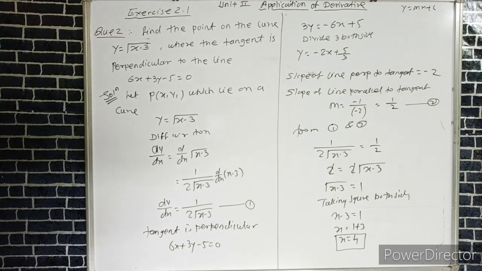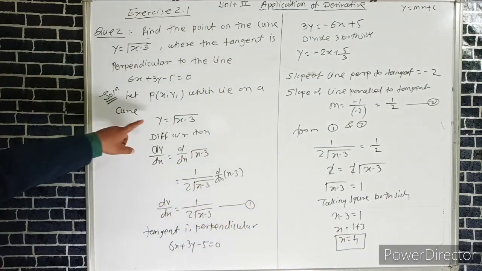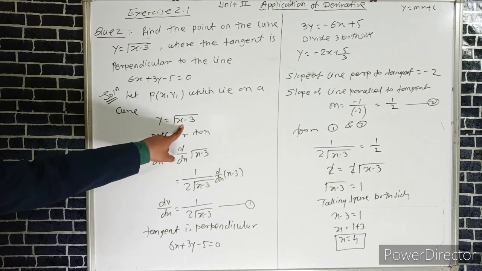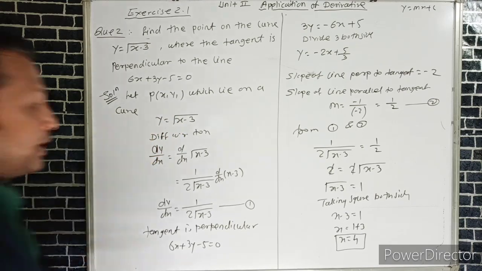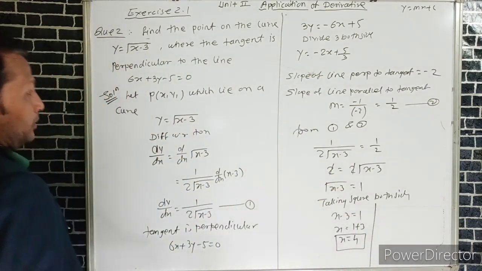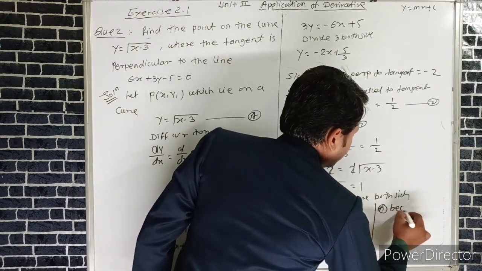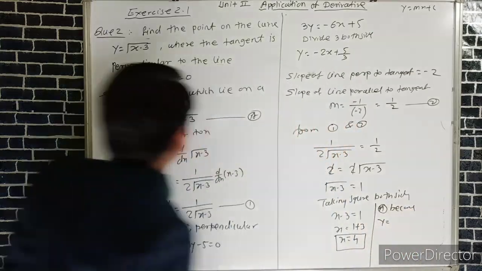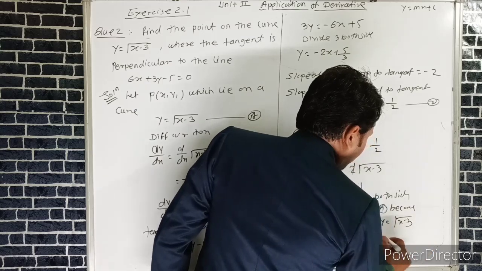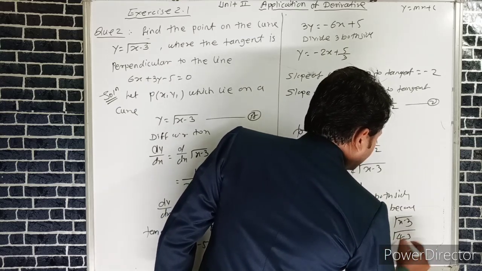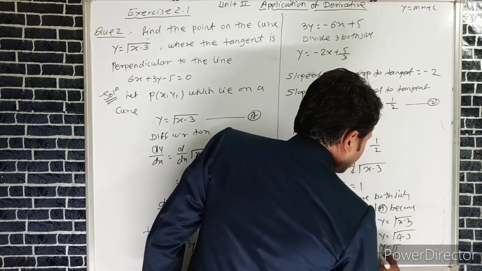If we substitute this value 4 in the equation y equals under root of x minus 3, then we get the value of y which we required. Therefore y equals under root of x minus 3, here y equals under root of 4 minus 3. y equals under root 1, which means y equals 1.